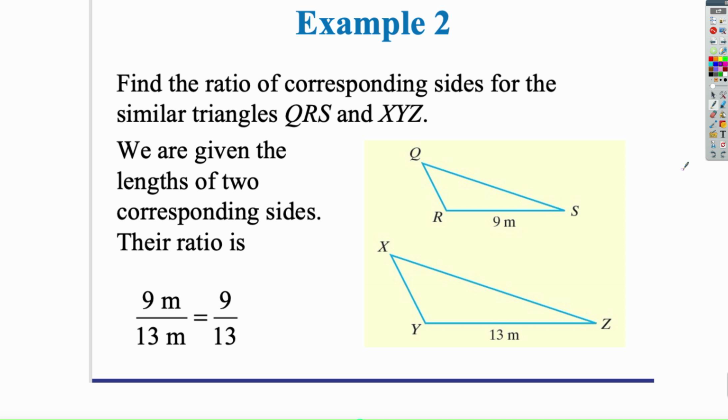If I have two triangles and I say that they're similar, I can use proportions to find missing sides. The first thing I'm going to do is practice looking at the ratios and the proportion. It says find the ratio of corresponding sides for similar triangles QRS and XYZ.